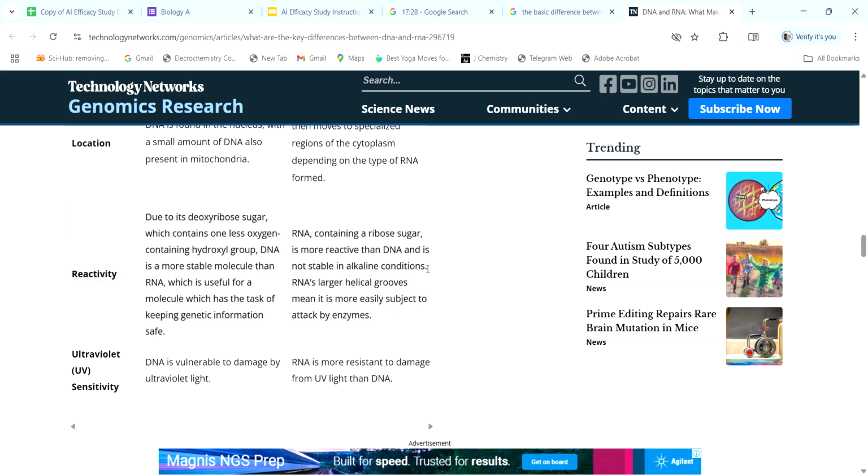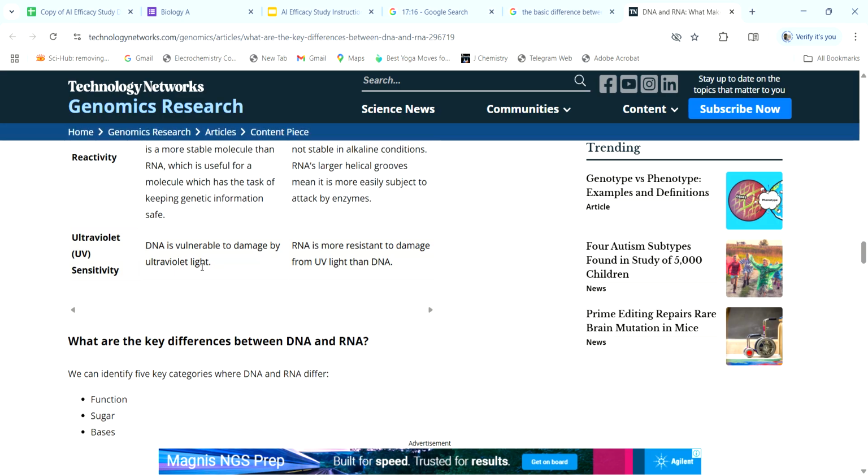RNA's larger helical grooves mean it is more easily subject to attack by enzymes. DNA is vulnerable to damage by UV light, and RNA is more resistant to damage from UV light than DNA. So these are the basic differences between DNA and RNA.